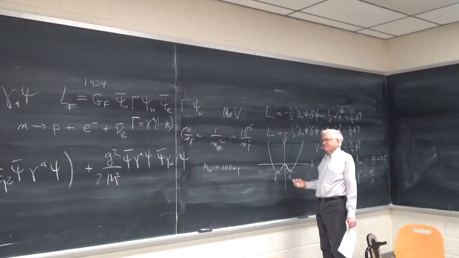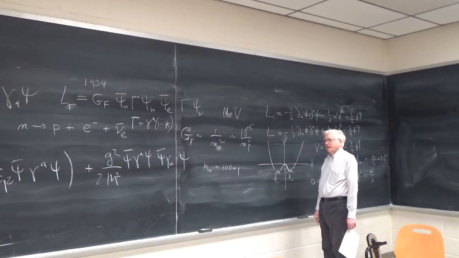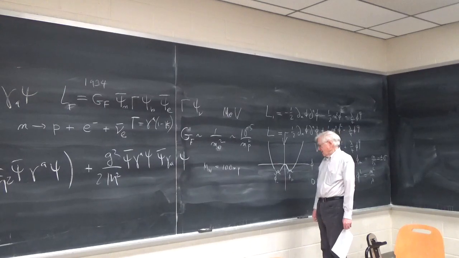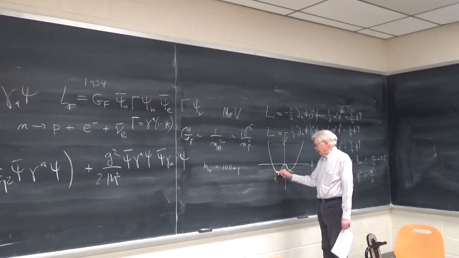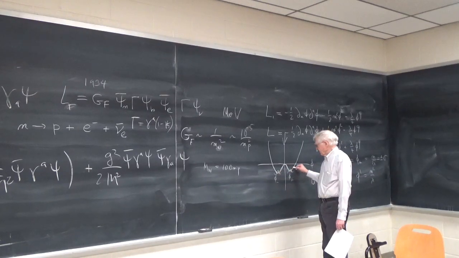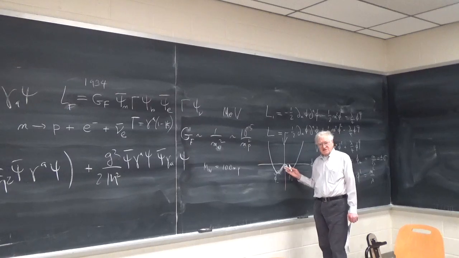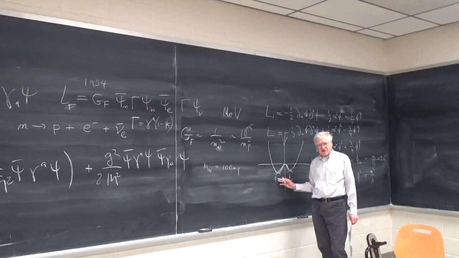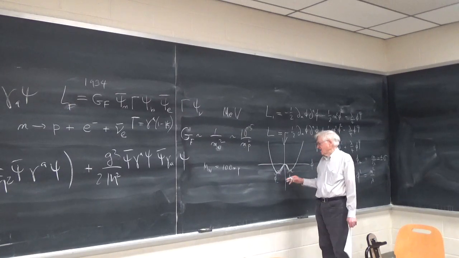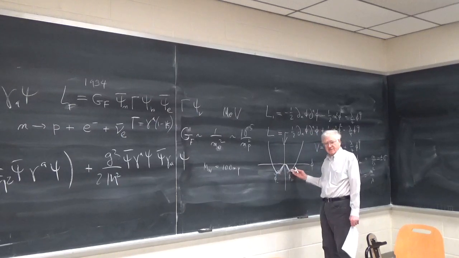The way I look at it is that this theory, first of all, if we were in one time dimension, zero space dimension, just doing quantum mechanics, the true vacuum would be a linear combination of the two.